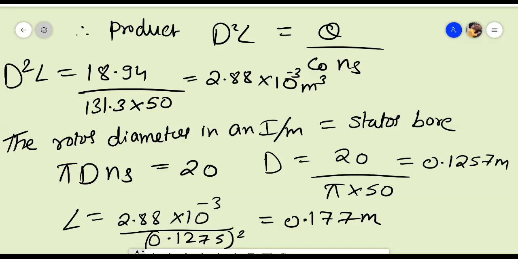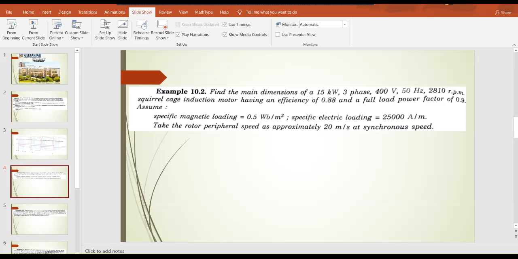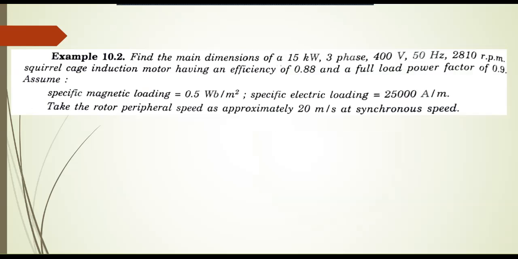so that's it. Just let me revise how we solved it. The question was to find the main dimensions of a 15 kilowatt, 3-phase, 400 volt, 50 hertz, 2810 rpm squirrel cage induction motor having an efficiency of 0.88 and a full load power factor of 0.9.